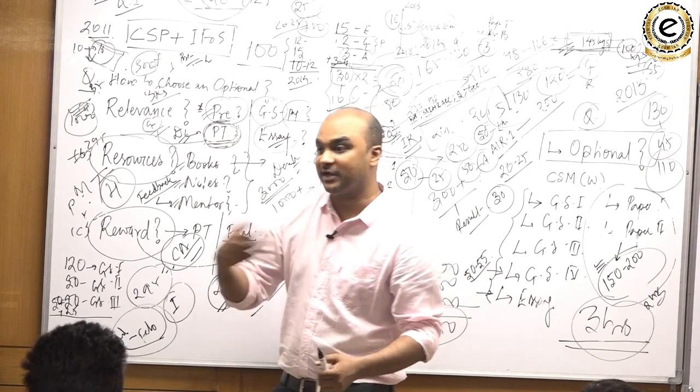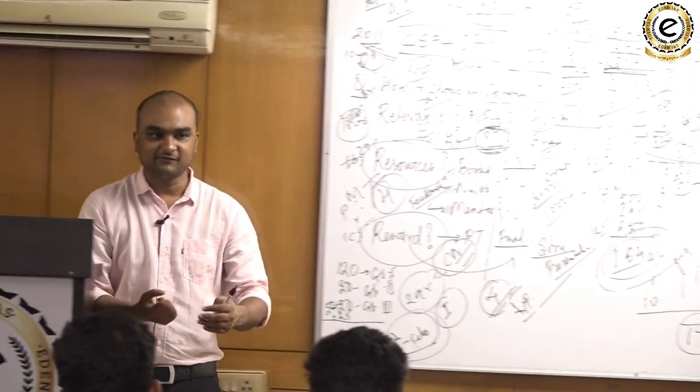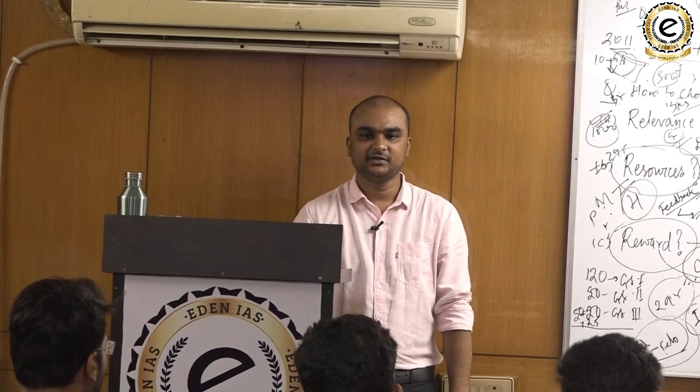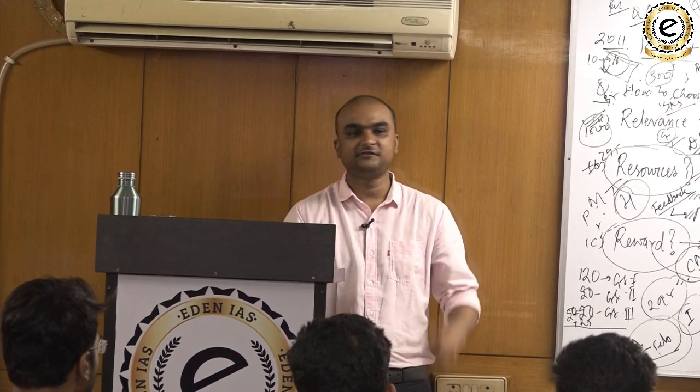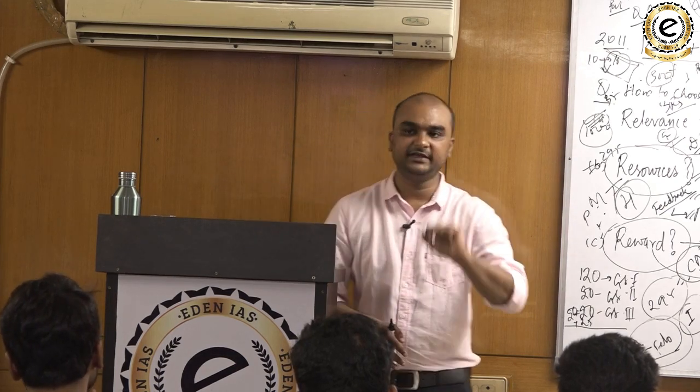So when you are assured that you may qualify this year, does that give confidence to you? And confidence creates miracles. Whereas anxiety creates fears, and fear creates nervousness, and nervousness is the reason for failure.